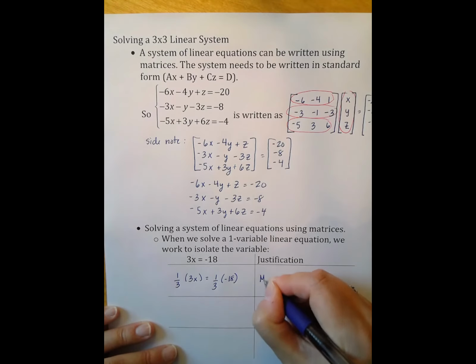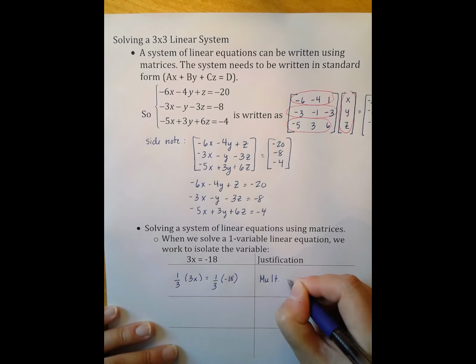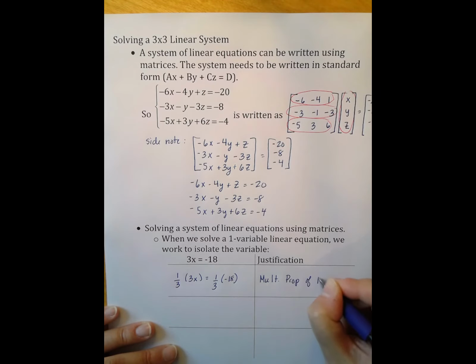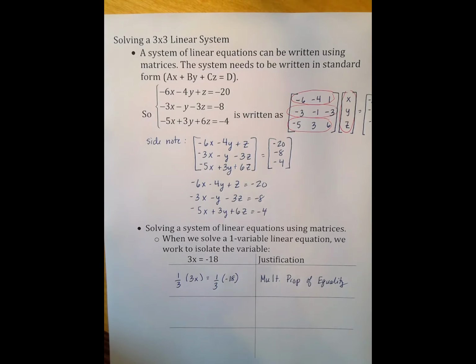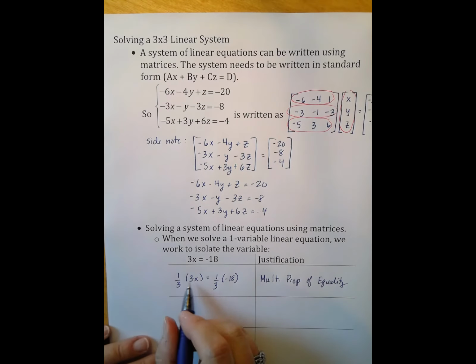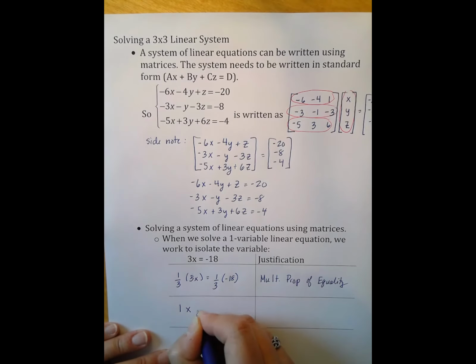And this is the multiplication property of equality, which says that I can multiply both sides of an equation by any value. I'm then going to multiply the 1/3 and the 3, which gets me 1.